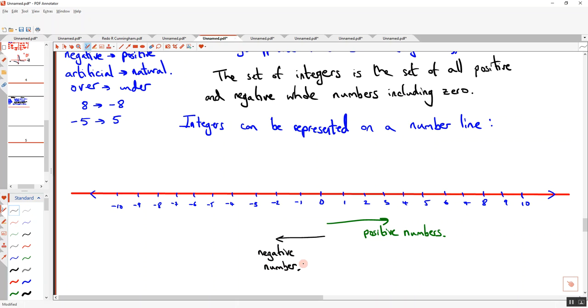You maybe think it's quite childish to use something like a number line to represent positive and negative numbers, but you actually use number lines a lot, even in higher level mathematics at IB. So the 17-year-olds who are in DP at the minute, they are using number lines. Granted, they're a little bit more complicated, but it's the same principle, okay? So it's good to get used to them.